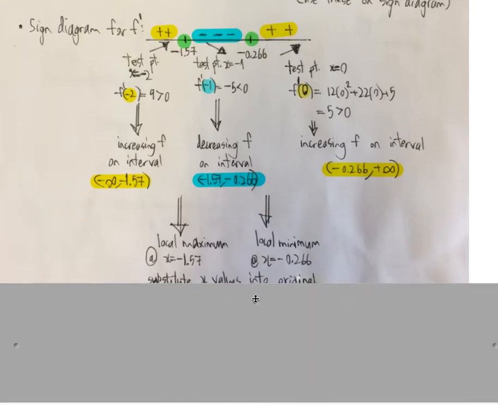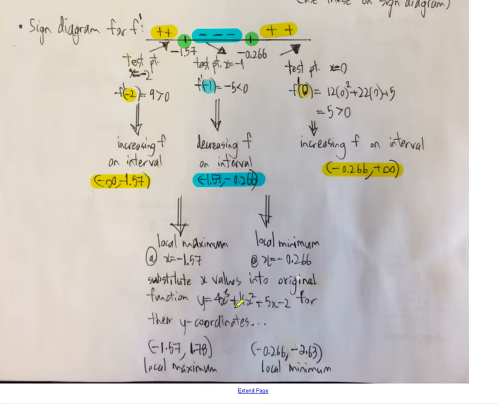And now all we need are the y coordinates for those x values, and you substitute those x values into the original function now, because keep in mind we want to sketch the original function, which is this cubic. Once you've substituted those values in, using your calculator very carefully, using brackets and keeping in mind these are negative values for x, you should come up with these two coordinates for local max and local min respectively.